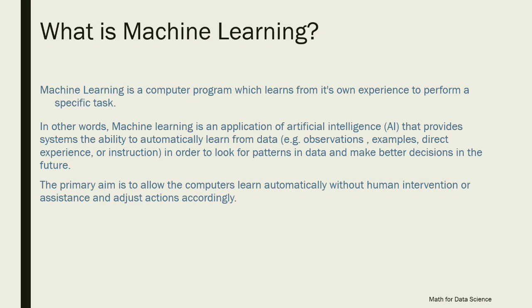Just see the other definition. Machine learning is an application of artificial intelligence that provides systems the ability to automatically learn from the data. What is the data? Data is the observations, the examples, the direct experience. Like the example which I gave you, the walking of a child.